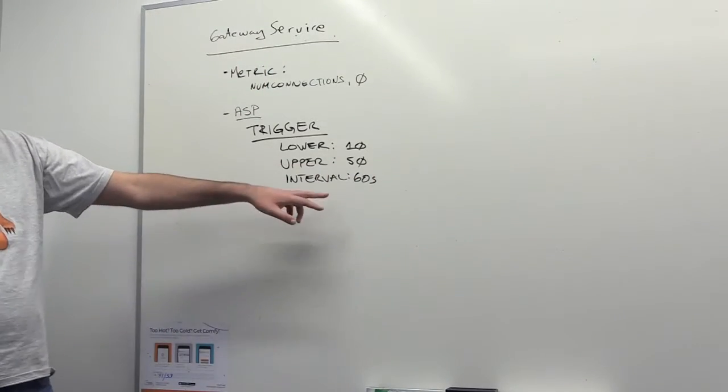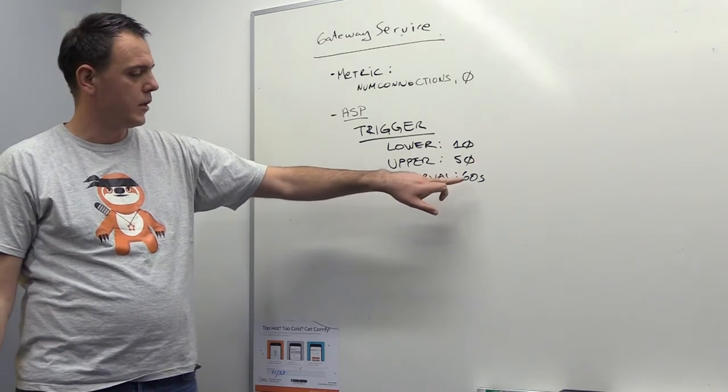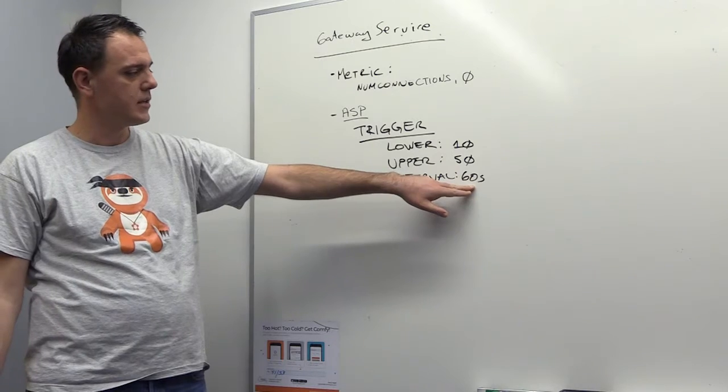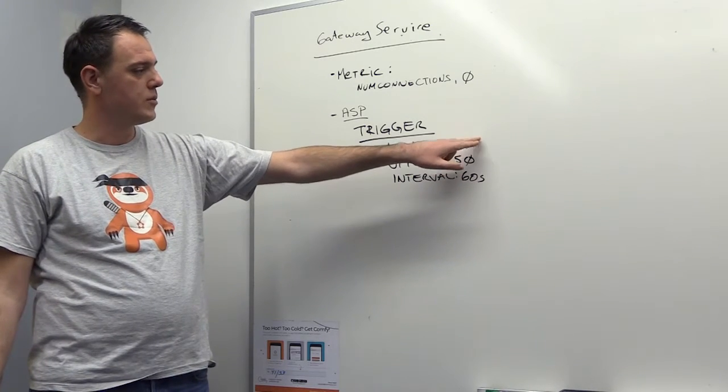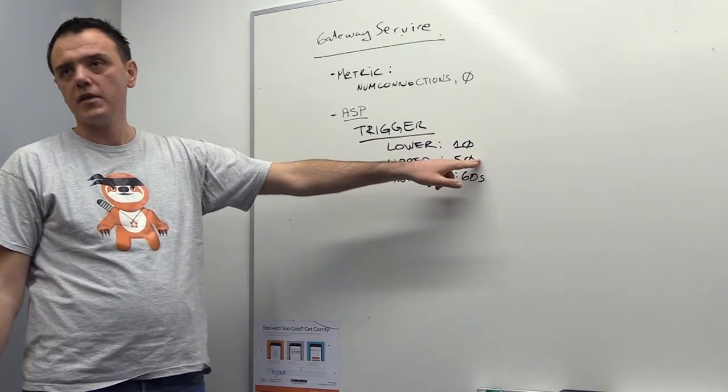This means basically that we will look every 60 seconds at the average load of all your instances, and if the average load is below 10, we initiate scale down, and if it's above 50, we initiate scale up.